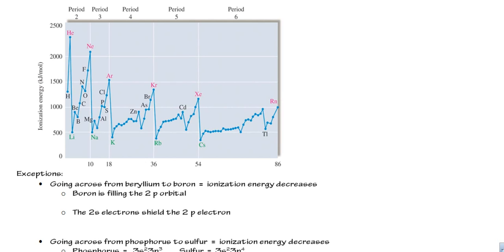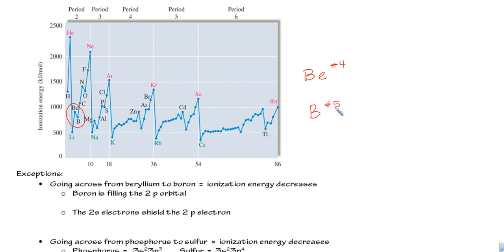However, there are some kind of bumps along the way. And of course, those are ones that they'll also ask you to rationalize. Here's one example. Look at in here. As you go across from beryllium to boron, beryllium is element number 4, and boron is element number 5.